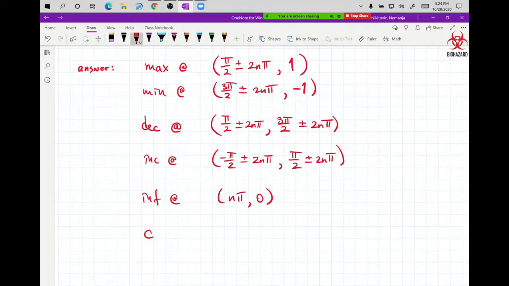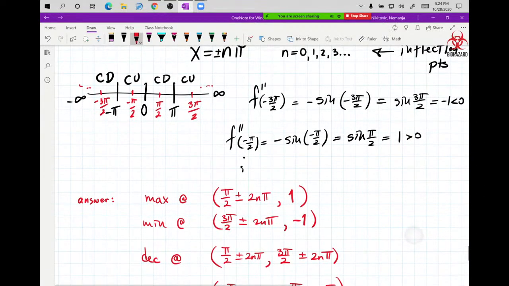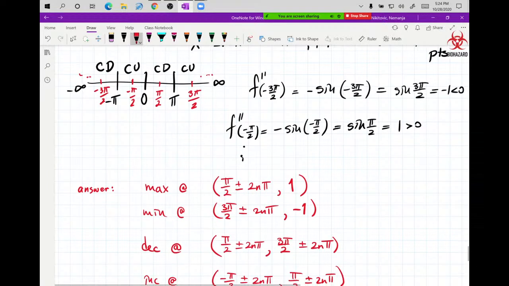And then now we have concave up and concave down. So concave up regions are 0 to pi.